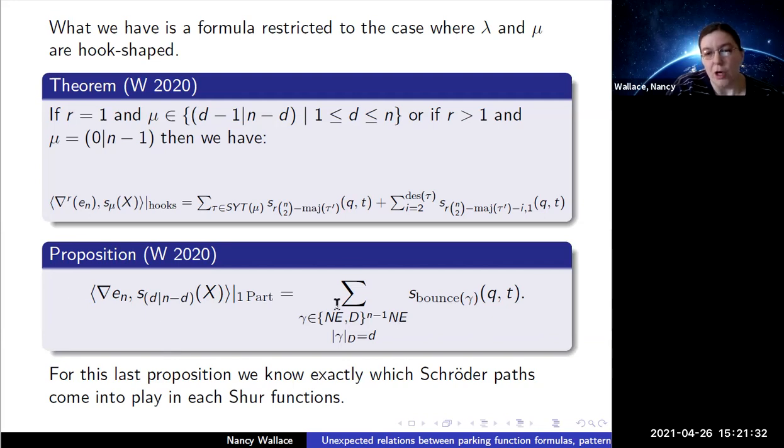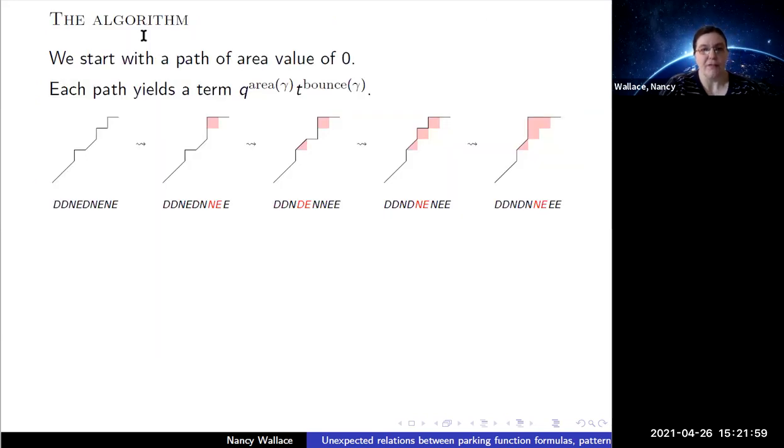So here, when it's 1-part, I can show that it's the sum over all Schroeder paths of area 0 and Schur function of the bounce. And for this one, I don't only know the leading coefficient, I know all the paths that come into play for that Schur function. For example, I have this algorithm.